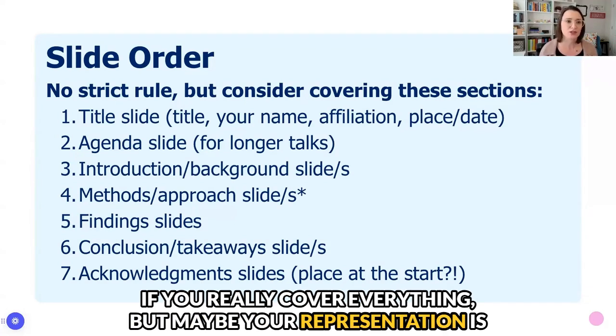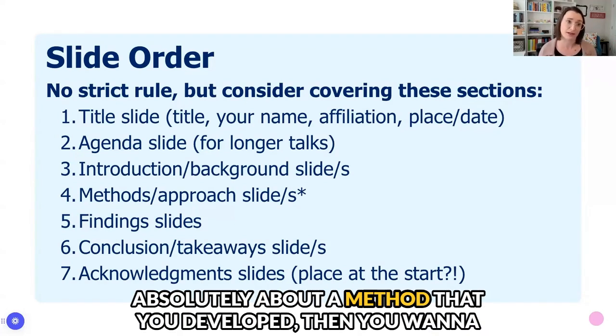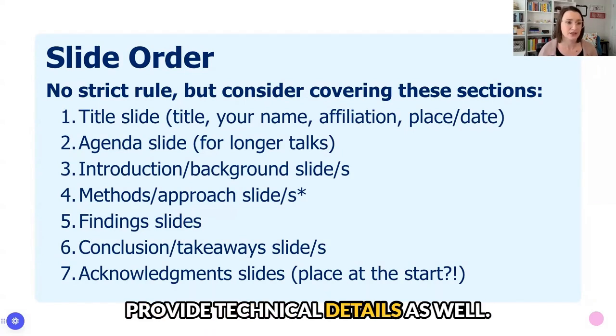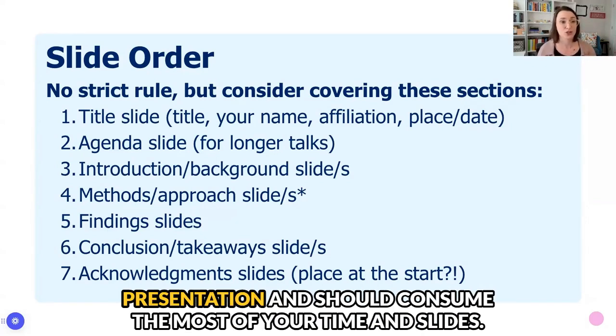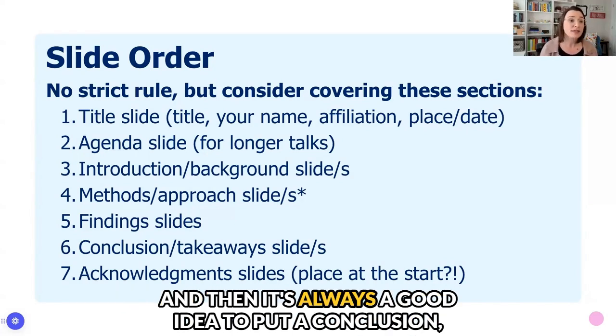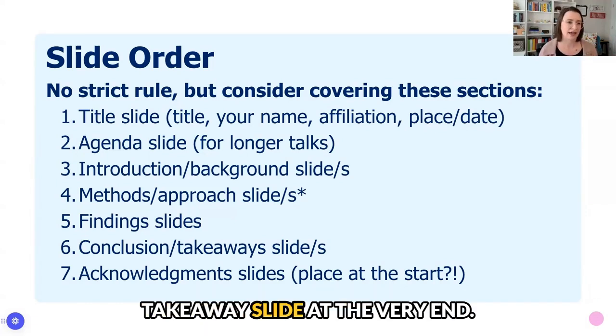But maybe your presentation is absolutely about a method that you developed, then you want to provide technical details as well. Your findings or your results should be actually the star of the presentation and should consume the most of your time and slides. And then it's always a good idea to put a conclusion takeaway slide at the very end.